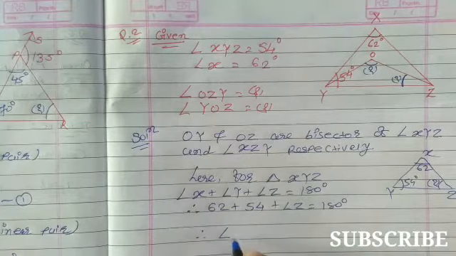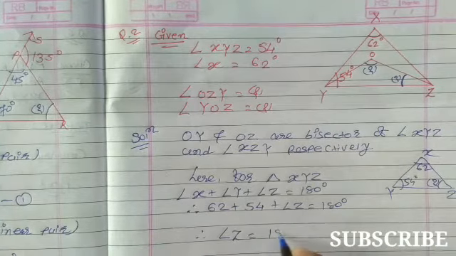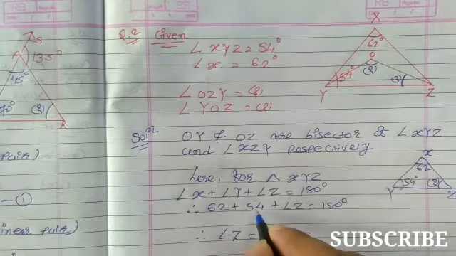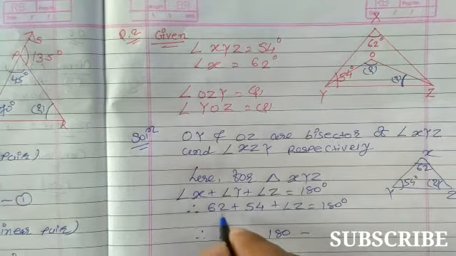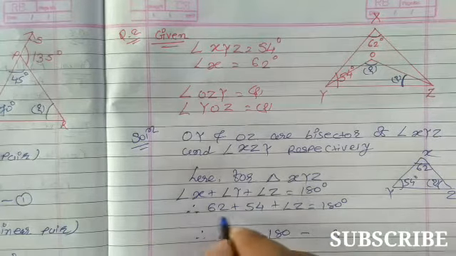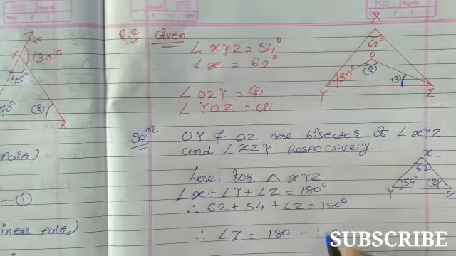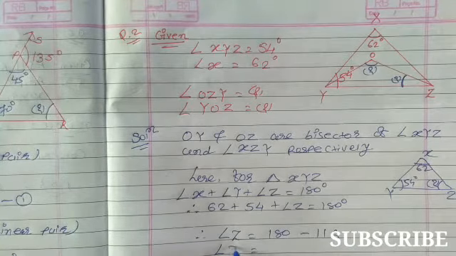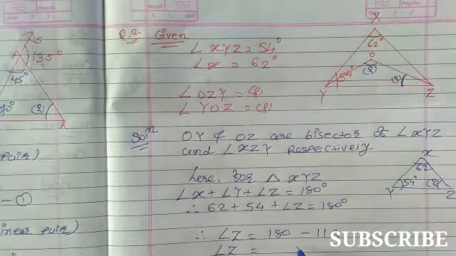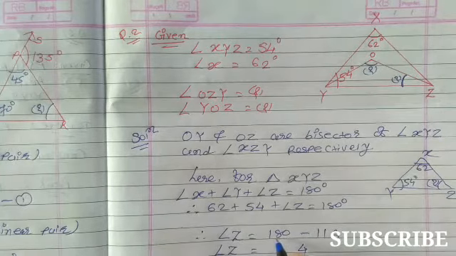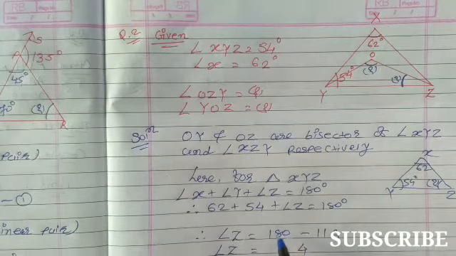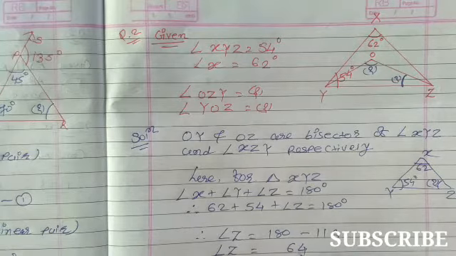So angle Z is equal to 180 minus (62 plus 54). 4 plus 2 is 6, and 6 plus 5 is 11, so 116. Then angle Z is equal to 180 minus 116, which is 64.